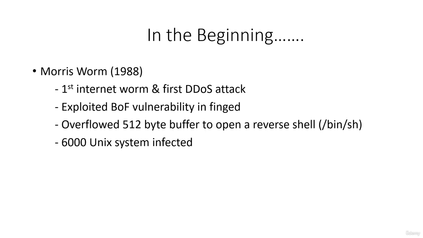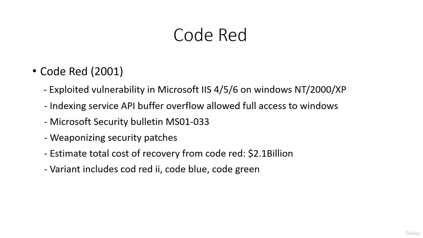Nothing much happened publicly in the way of buffer overflow vulnerabilities until the early 2000s, when the Code Red worm of 2001 suddenly appeared. Code Red was able to infect Microsoft Windows computers by exploiting a buffer overflow found in the Microsoft Internet Information Server web server, versions 4, 5 and 6.